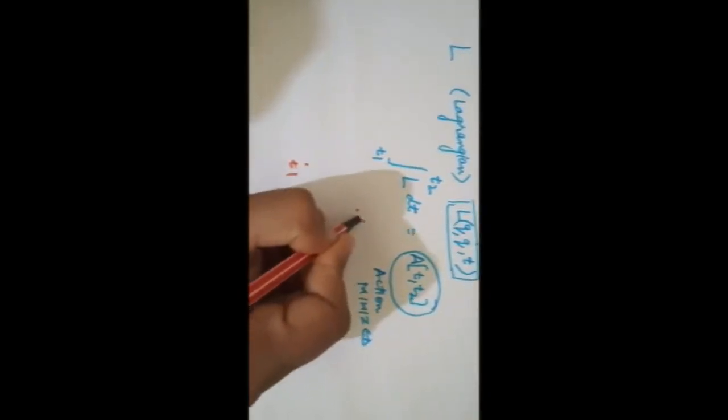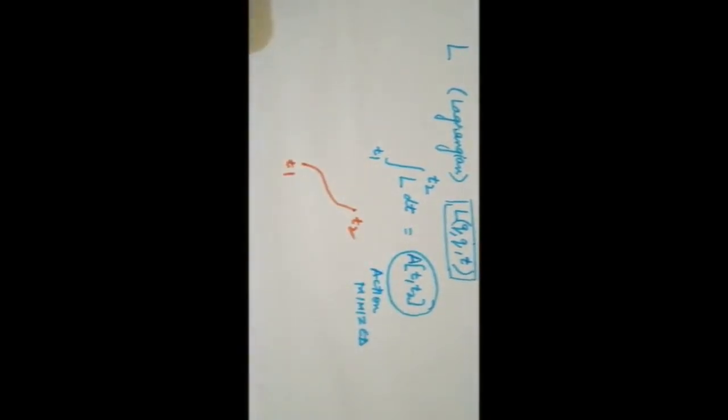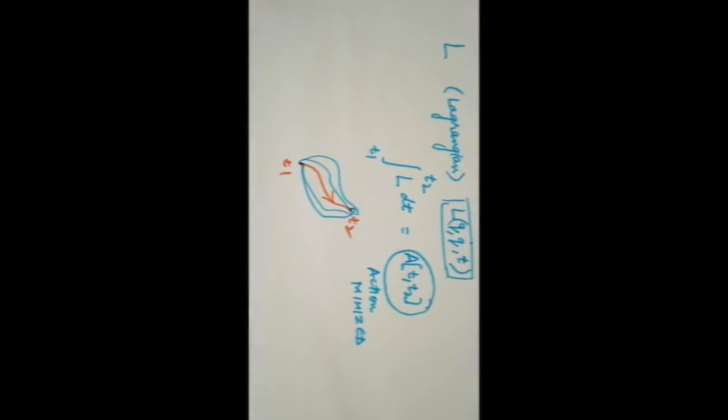Now what I am doing here is I am redrawing the trajectory. So this is instant t1, this is instant t2, and say this is the trajectory that the system or the particle actually takes. And these are all possible trajectories that could have been taken. Now it takes this trajectory.